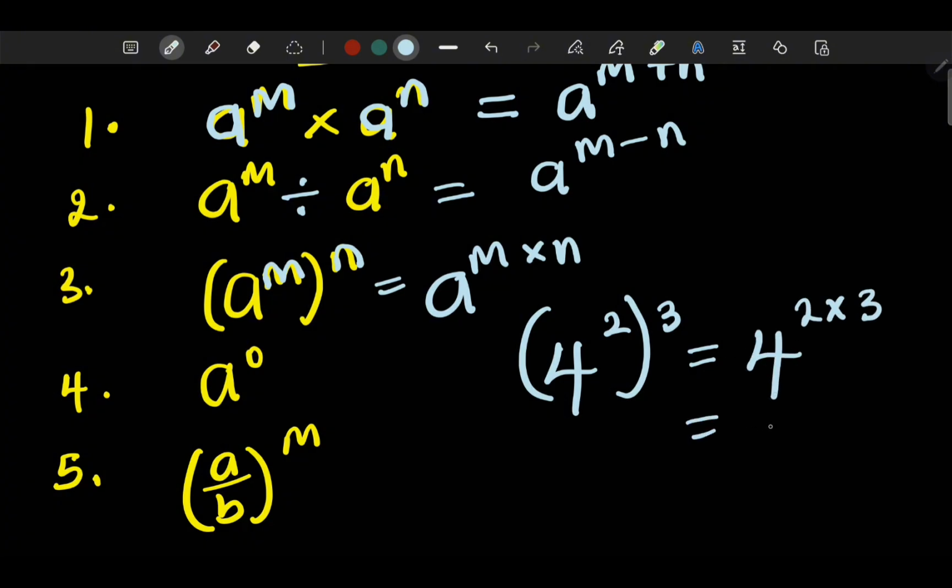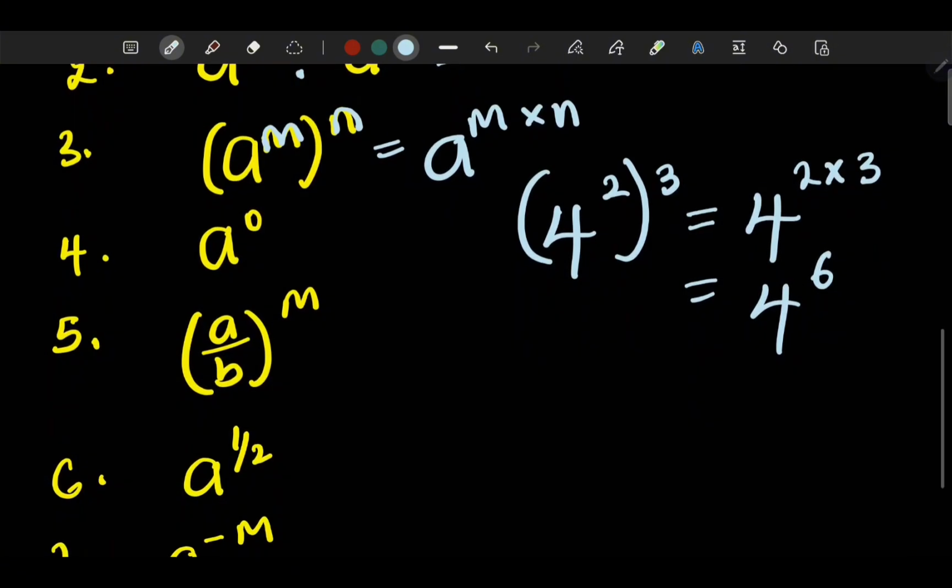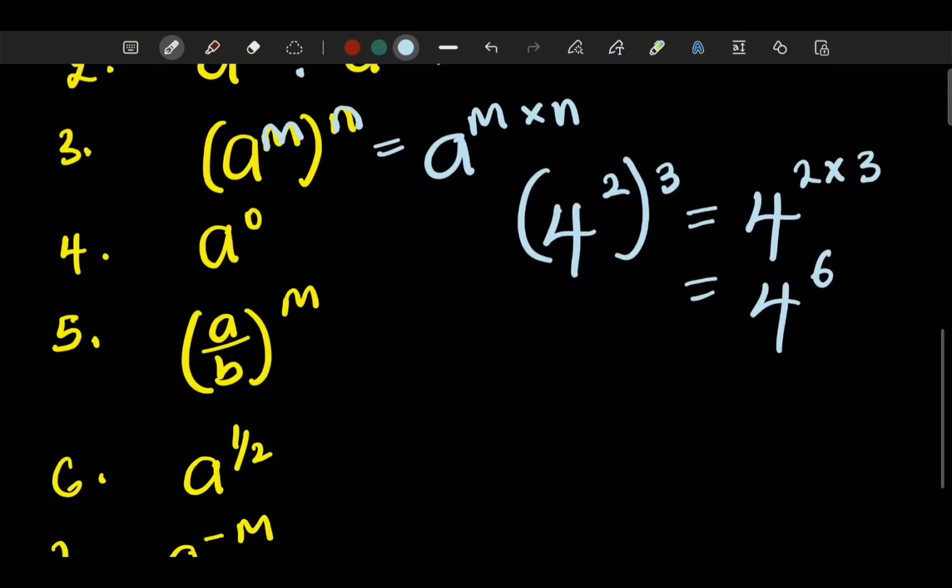And 2 multiplied by 3 will give us 6. So this is just 4 to the power of 6. The next law says A power 0. Any number or letter raised to a power of 0 is simply 1. Even if you have 4 power 0, 3 power 0, that will definitely give you 1.